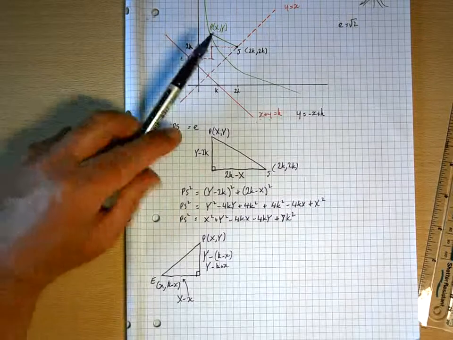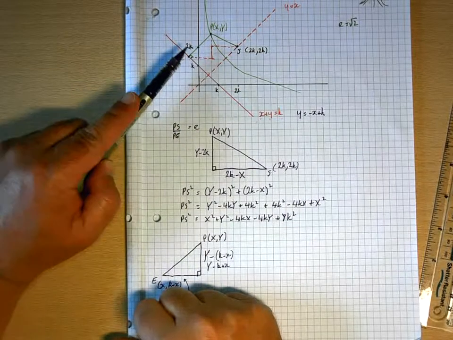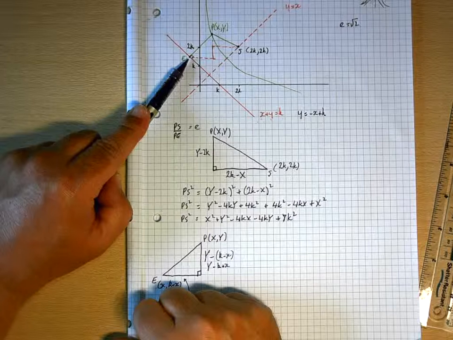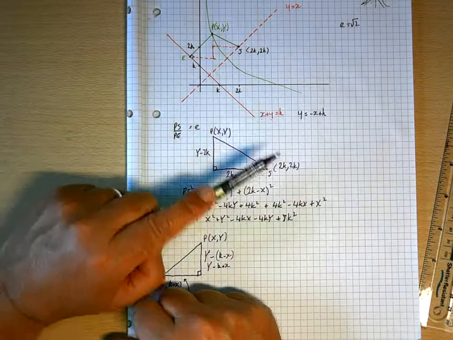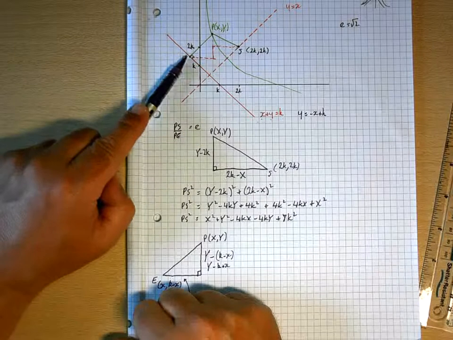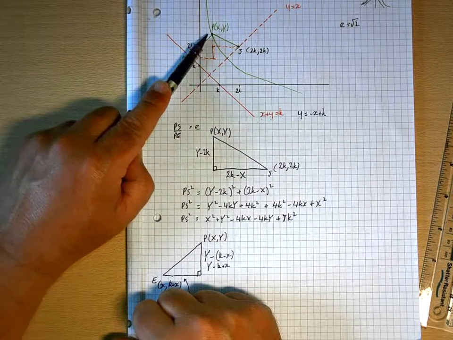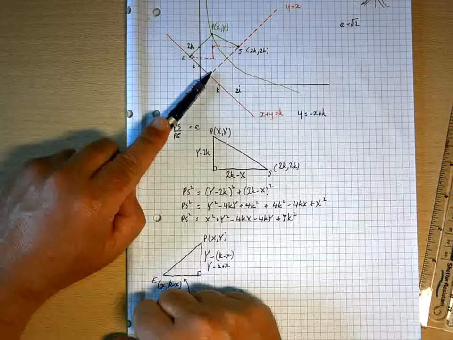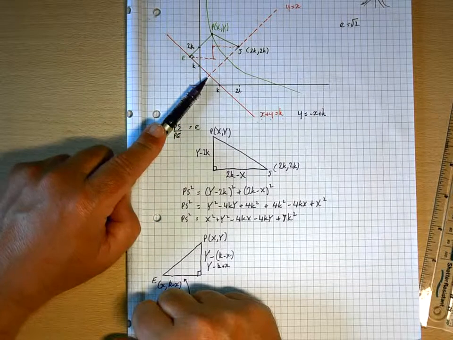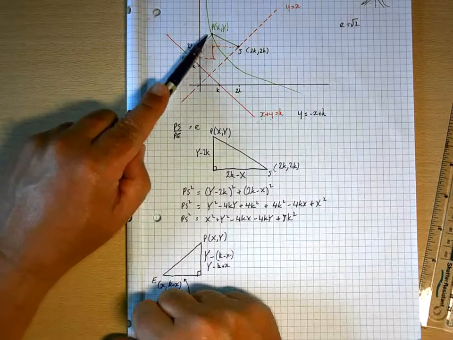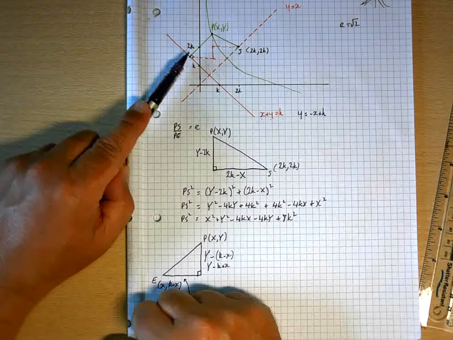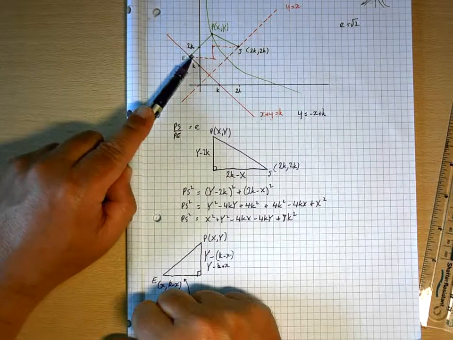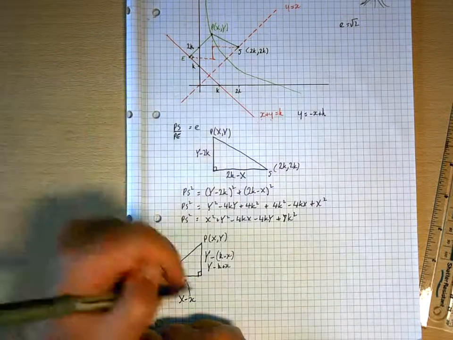As that point moves, because I'm working with the perpendicular distance to the directrix, this line is always going to be parallel to the line y equals x. So this gradient is always 1.